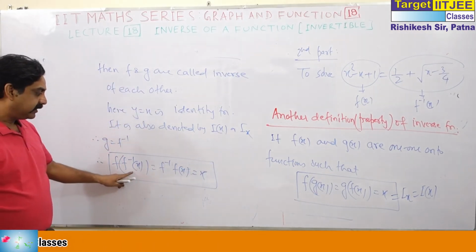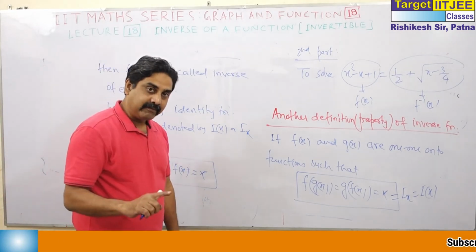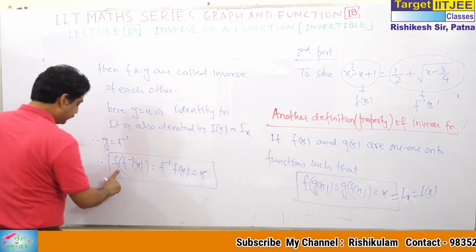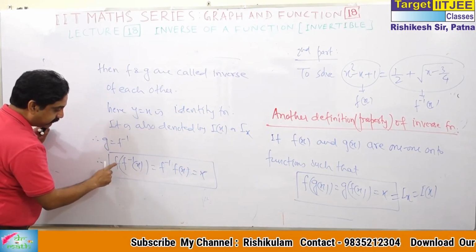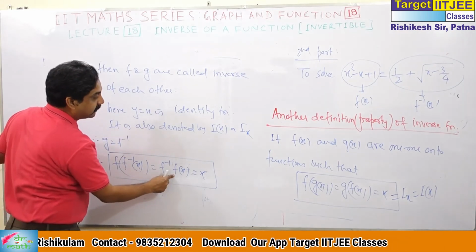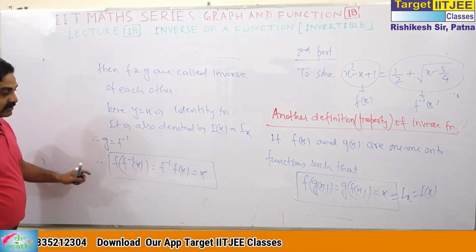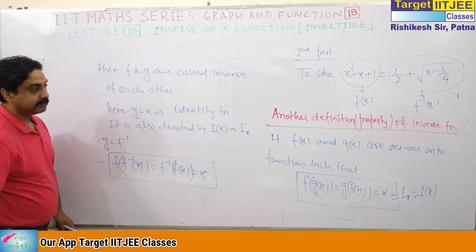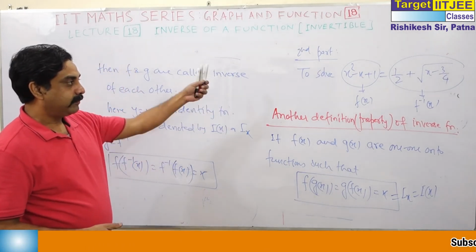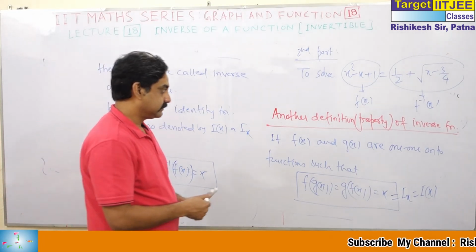Composition of a function with its inverse gives the identity function, which means x. This is the property. Now we will do the previous question by this method.